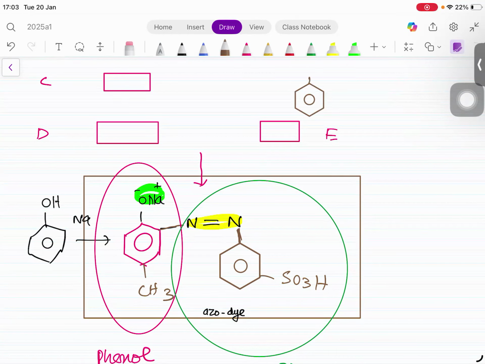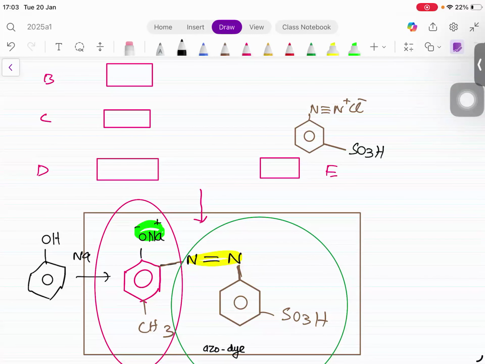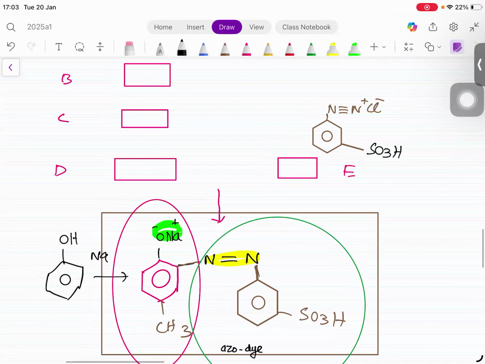And I can see the BDC is like this here. And then one extra thing which I can see is SO3H. There's another extra thing attached with this. So now I can identify E. And I can also identify, for example, this.